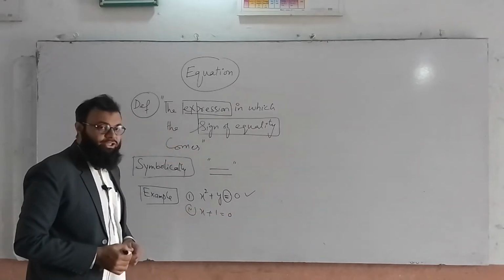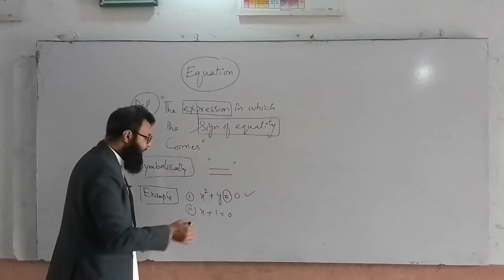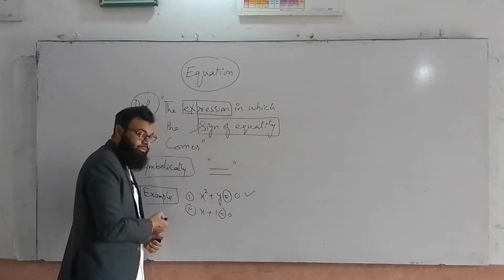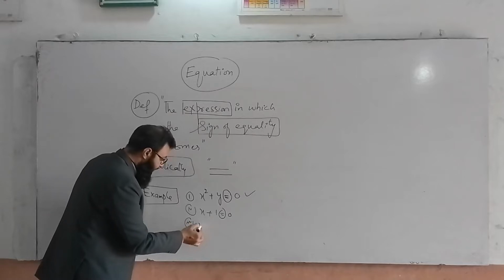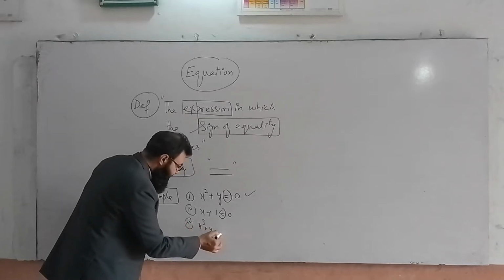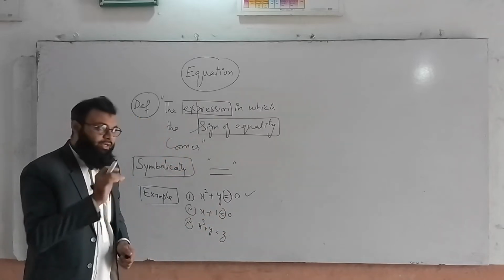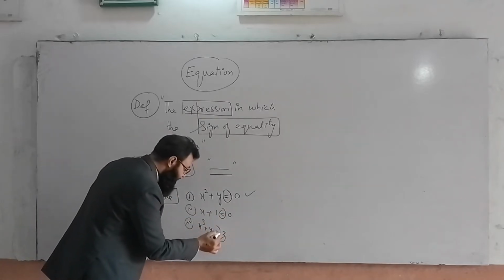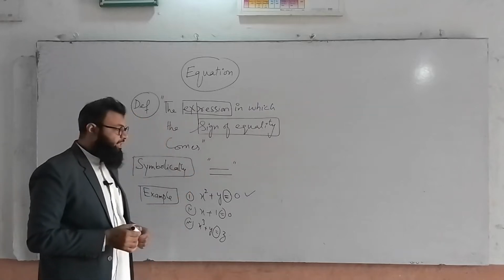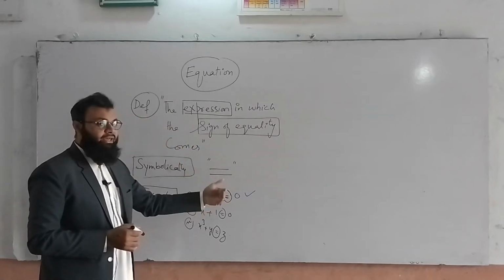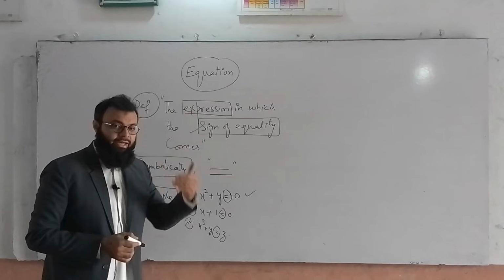Can we call it an equation? Yes, because here the sign of equality comes. x cube plus y is equal to z. Should we call it an equation? Yes, because here the sign of equality comes. If this symbol comes, we say that this is an equation.